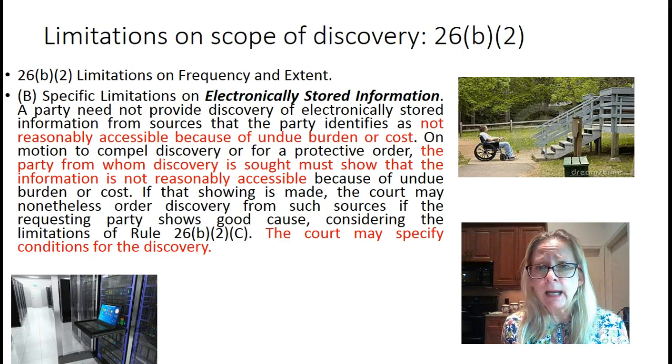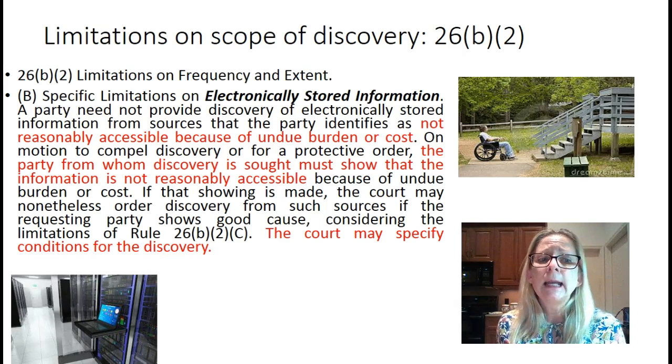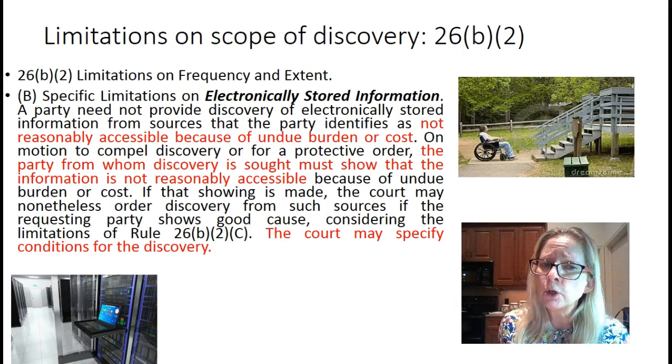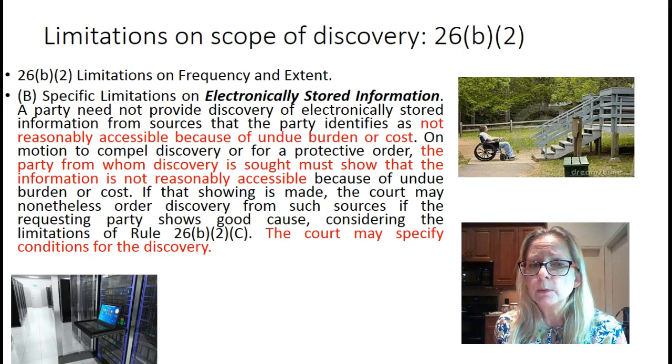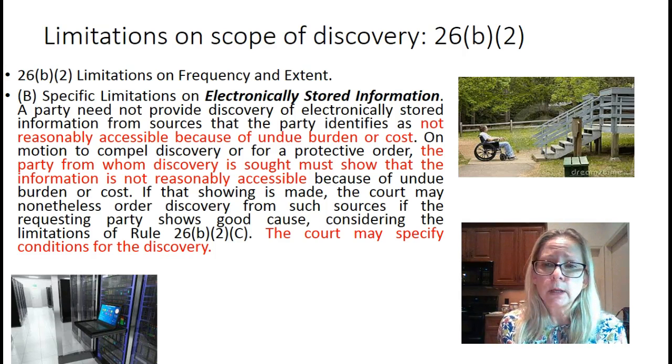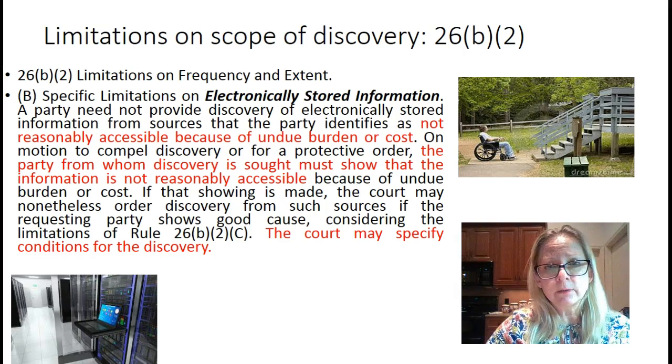If that showing is made, the court may nonetheless order discovery from such sources if the requesting party shows good cause, considering the limitations of Rule 26(b)(2)(C), which we're going to get to in a minute, and the court may specify conditions for the discovery.